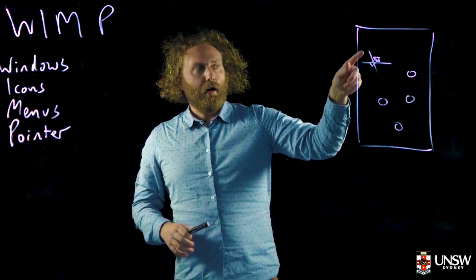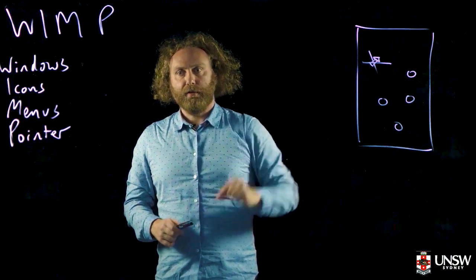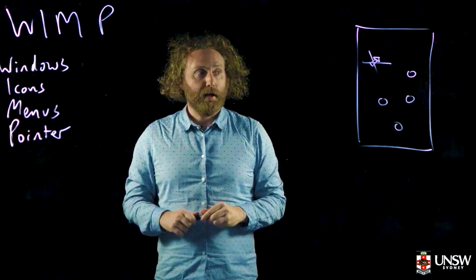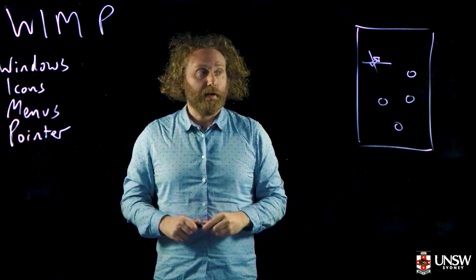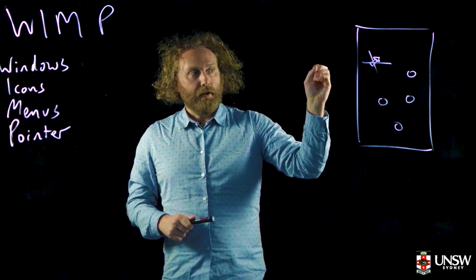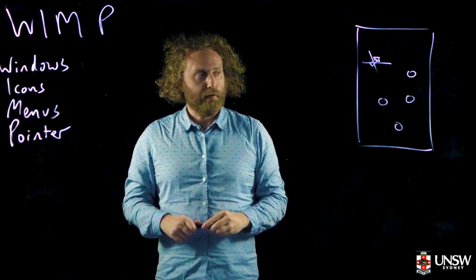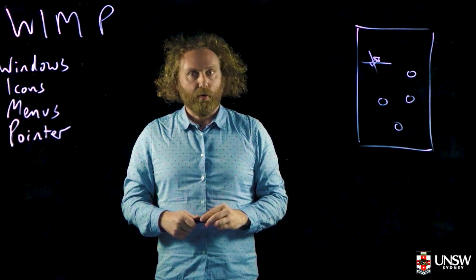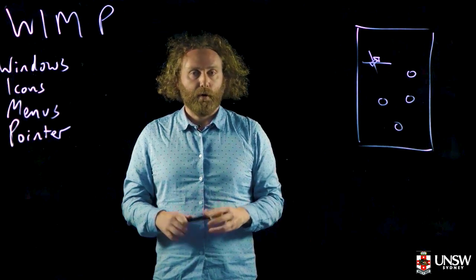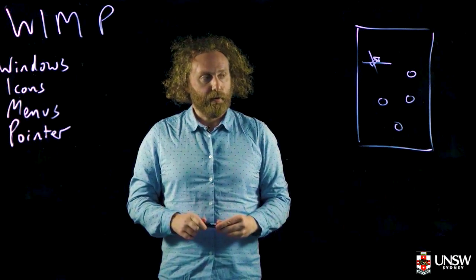So when we're working on a desktop computer, the mouse is always there, the pointer is always there somewhere hovering around, even if we're not touching or moving the mouse. On a touch screen, the pointer is not always there, and that creates a slightly different form of interaction. For example, we don't have the mouse over effect where we're hovering over something and that can cause extra information to appear and so on.